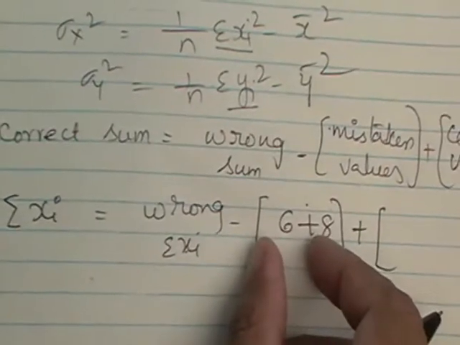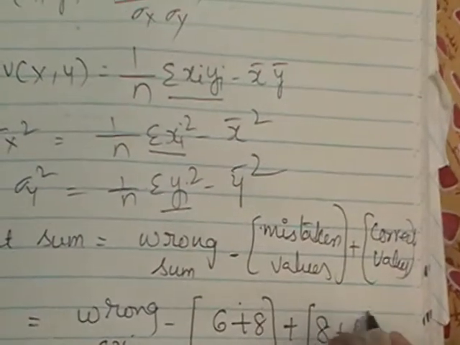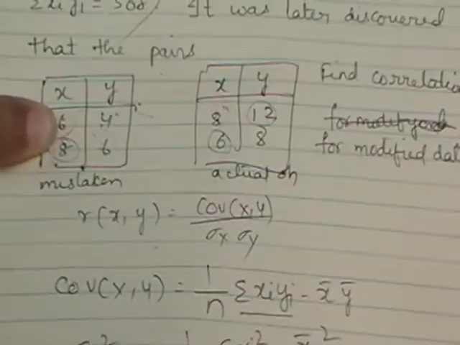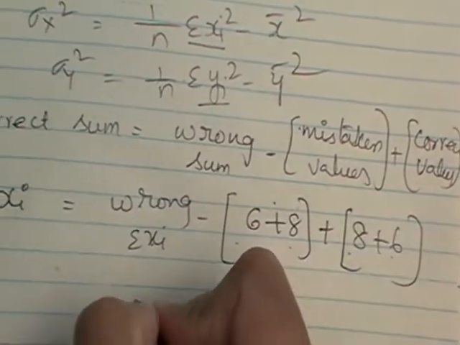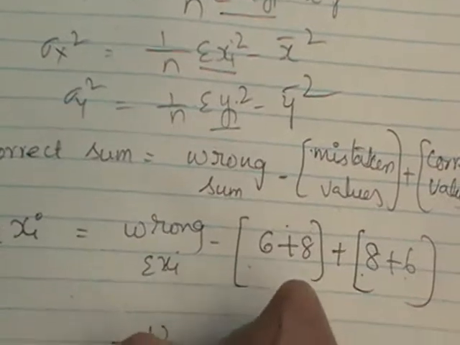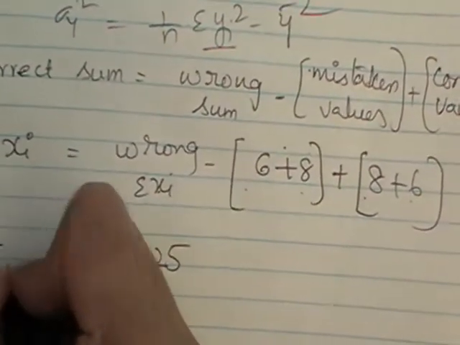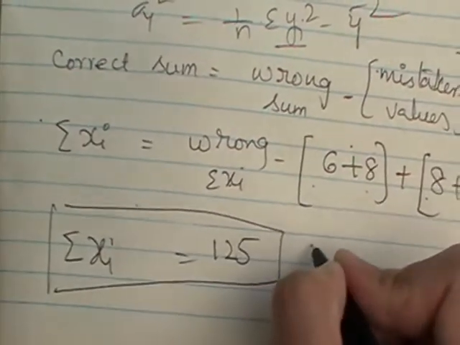Take out the mistaken values and add the correct values, which is 8 plus 6. 6 plus 8 is 14, and 6 plus 8 is 14, so minus 14 plus 14 cancels. Correct sigma xi is the given value, 125. So this total you are going to use while calculating x bar.